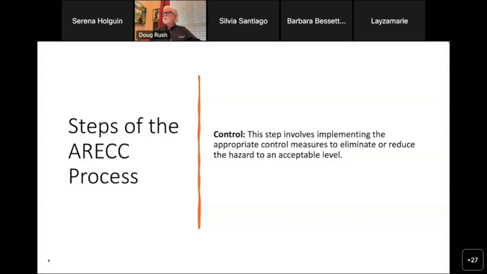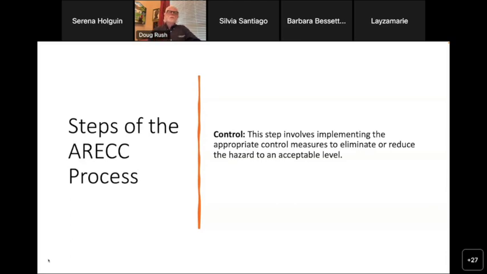The next step here is control. This is such an important thing, and usually this is way beyond most of us out there. The control step involves implementing processes in the workplace, including industrial ventilation. Maybe you've got an open top tank where you're putting some balls on top of it to control evaporation.